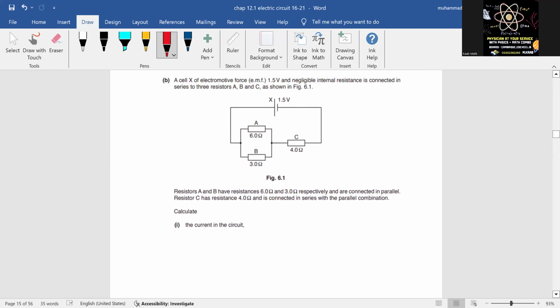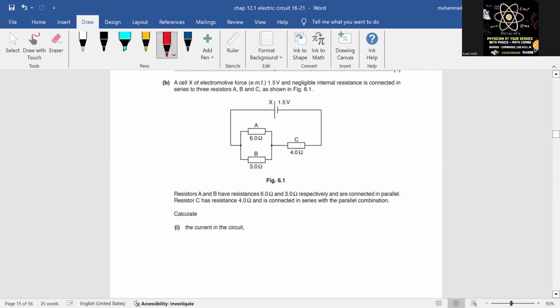Okay, so for the current in the circuit you have to find the total resistance. Can you tell me the total resistance, please? Sir, we will do 1/6 plus 1/3 and then add that to 4. Yes, but you have to do the reciprocal first.